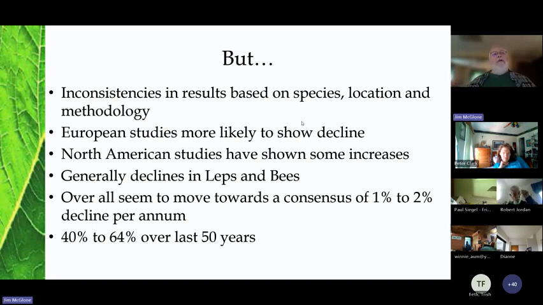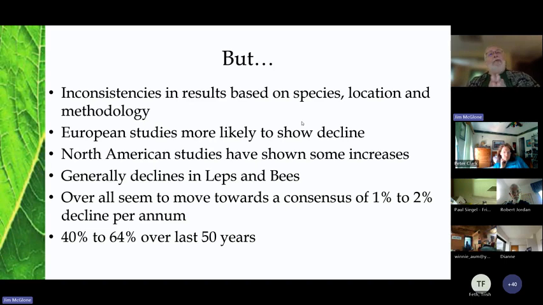Most of the studies in Europe showed a decline. In North America, depending on whether you were doing it in a more rural area or more urban area, we might see increases or decreases, but generally, all of these studies were pointing to a decrease in our lepidopterans, that would be our moths and butterflies, and our bees. So our pollinators, they were all showing the pollinators were in trouble.